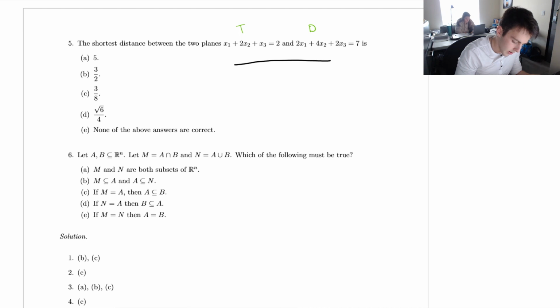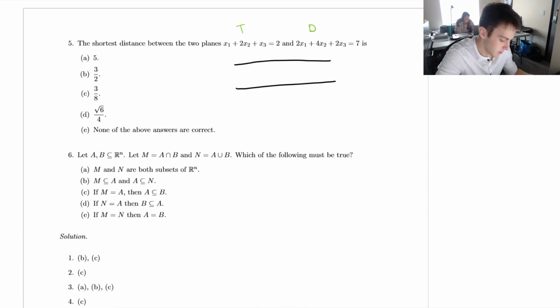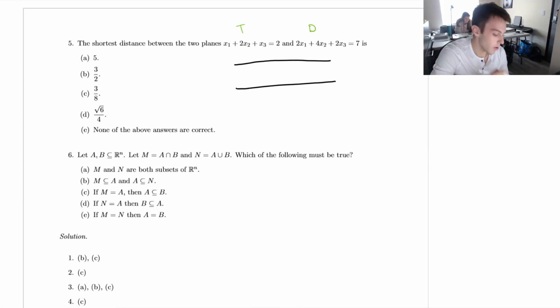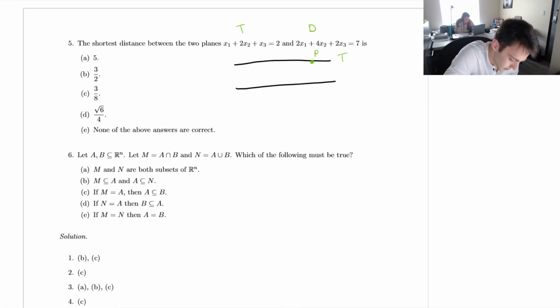You can tell that these planes are parallel since their normals are scalar multiples of each other: 1, 2, 1 is the normal of T, and 2, 4, 2 is the normal of D. So we know they're parallel. Let's draw an arbitrary point on T and a point on D. If I draw a vector that connects these two planes, this would be point D to point T.